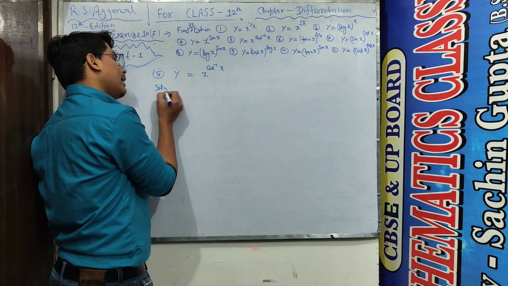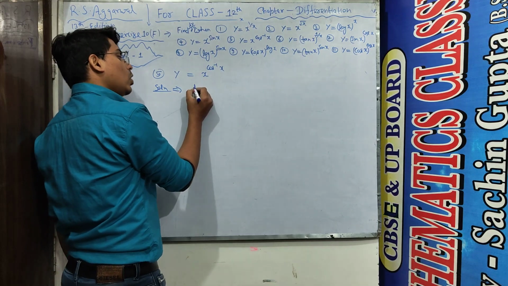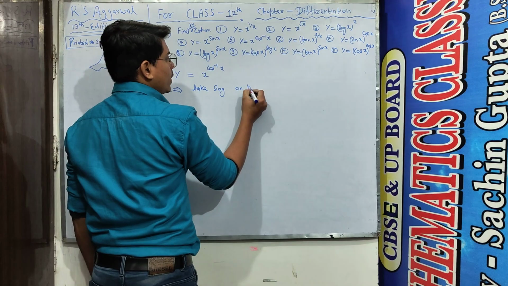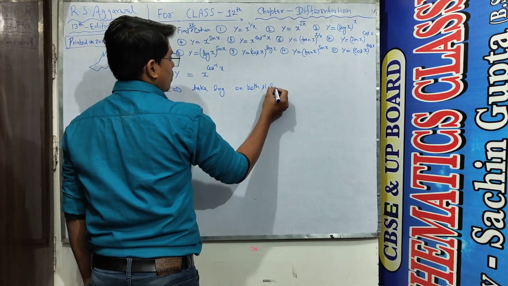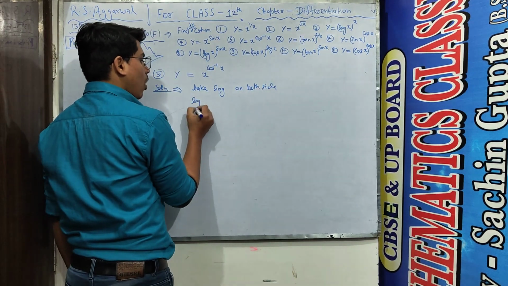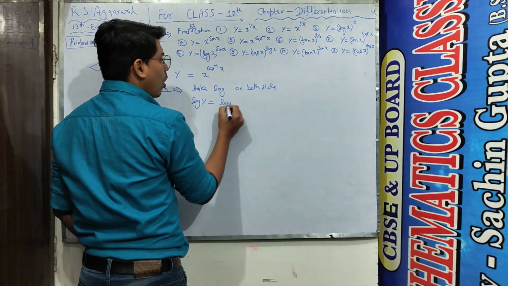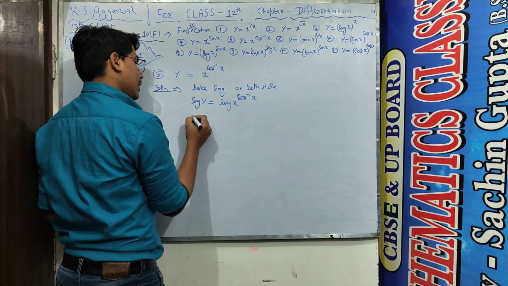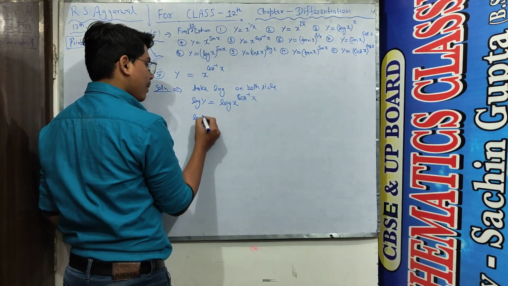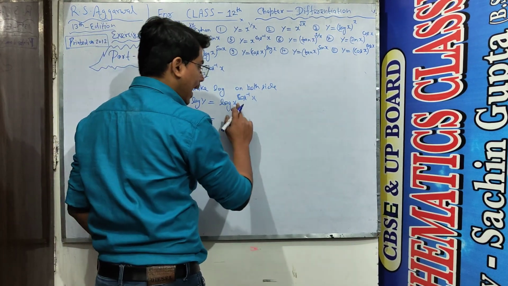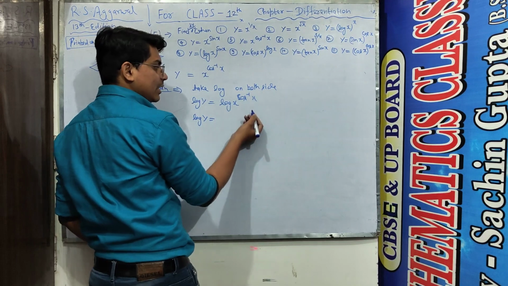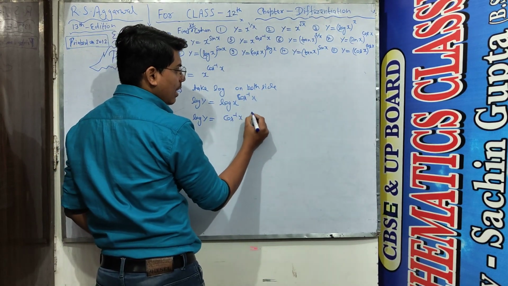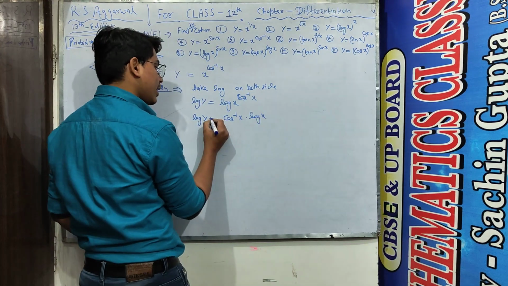So again I take a log on both sides. So it becomes log y equal to log x raised to the power cos inverse x. And we apply here the formula of log x raised to the power n, which is n times log x. So cos inverse x comes in the multiplication of log x.